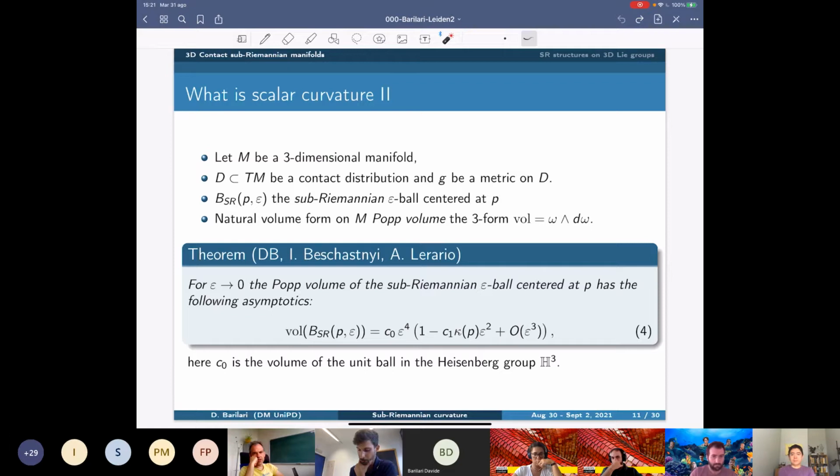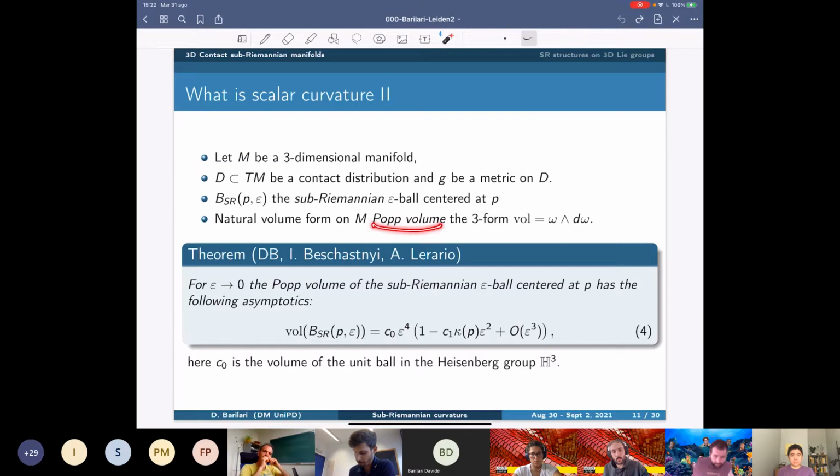If we consider small balls, and as a volume we use the natural volume given by the contact structure, because we know that omega wedge d omega defines a volume form, and in this case it coincides with what is called the Popp volume in the sub-Riemannian setting.